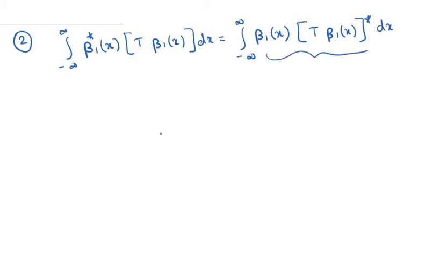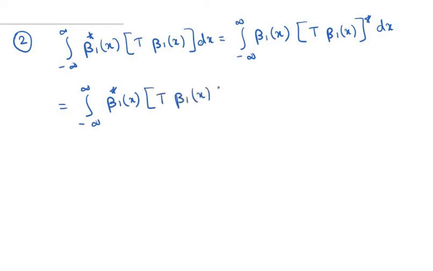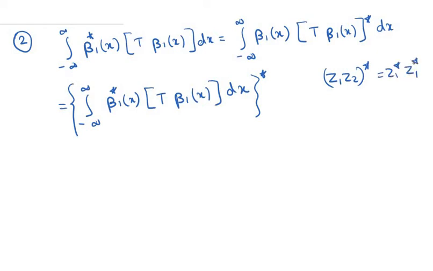This one I can write as the integral from minus infinity to plus infinity of beta 1 x star T beta 1 x dx, and the whole is then complex conjugated. This comes from the fact that the complex conjugate of z1 z2 is equal to z1 star times z2 star.